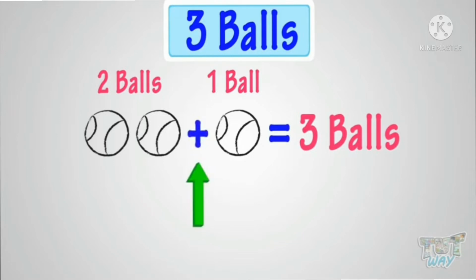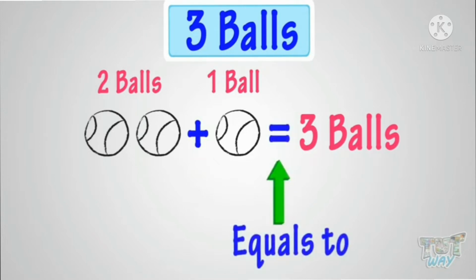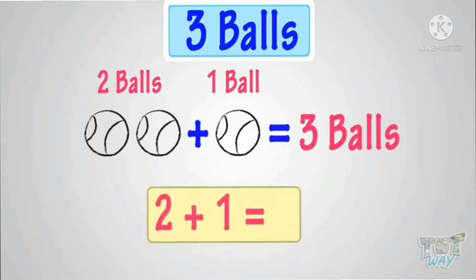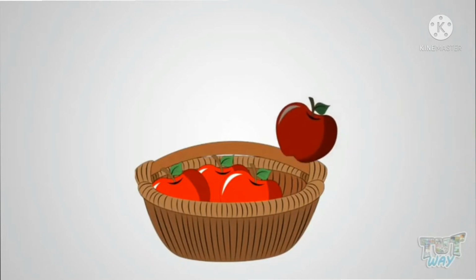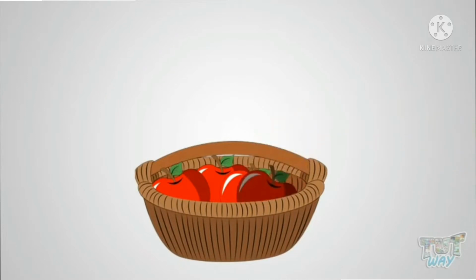Here, this sign means add. This sign means equals to. So, 2 plus 1 is equals to 3. There are 3 apples in the basket. I put 1 more apple in the basket. How many apples are there in all now?